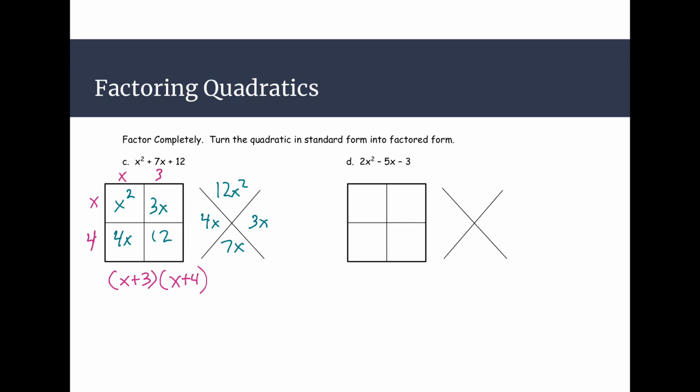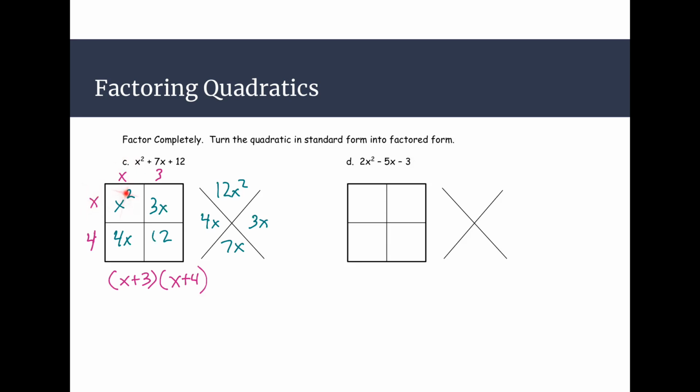We start out with our x squared, with our 12, with our 7x, multiply x squared times 12 to get 12x squared. Then we do our x problem. 4 times 3 gives me 12, x times x gives me x squared, and then 4x plus 3x does give me 7x. We plug them in on the other 2 areas of sum boxes, and then we find areas of product.